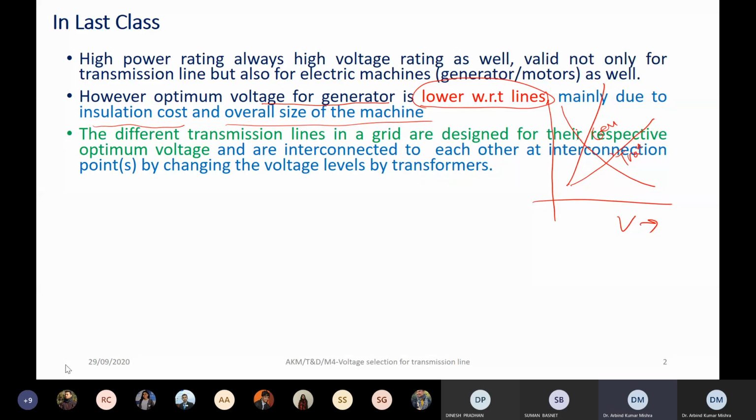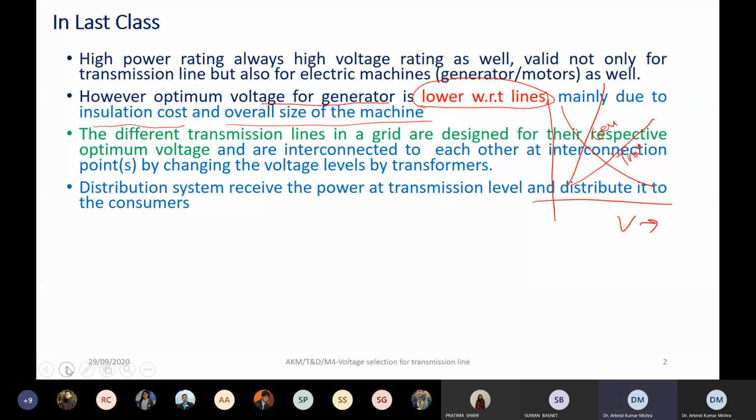Each and every transmission line or link in the grid can be designed and constructed optimally for its voltage rating, based on how much power it is transporting and over how much distance. Then, if necessary, at the interconnecting point the voltage can be converted to have a common voltage at the interconnection point only. I have shown you that example also.